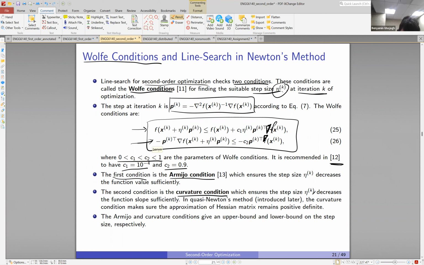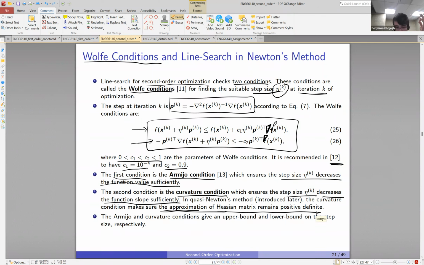It ensures that the step size decreases the function slope sufficiently. By the way, the Armijo condition ensures that the step size decreases the function value sufficiently. The curvature condition makes sure that the approximation, this is important, the approximation of Hessian remains positive definite.